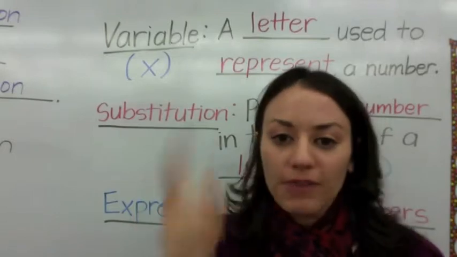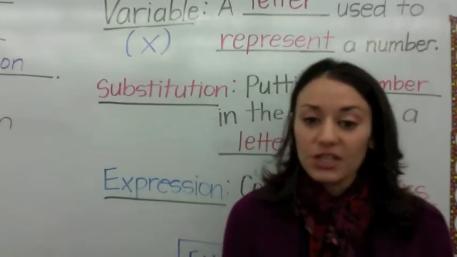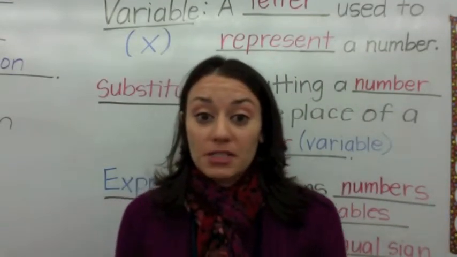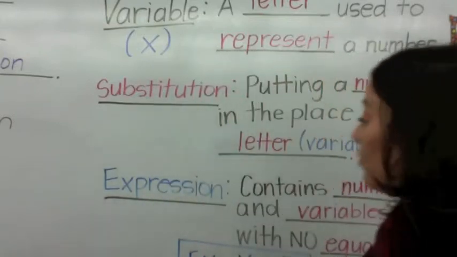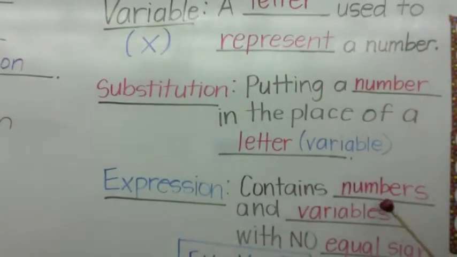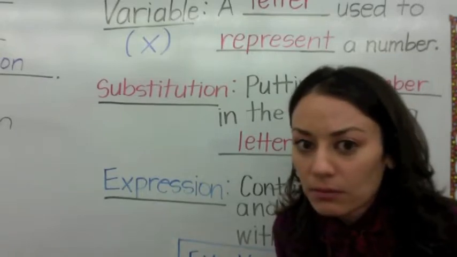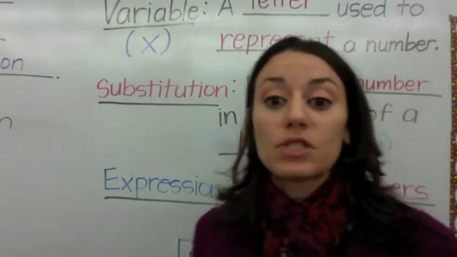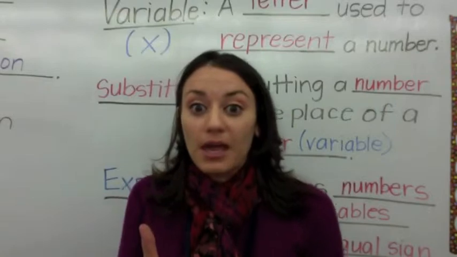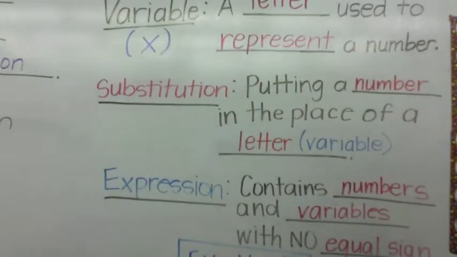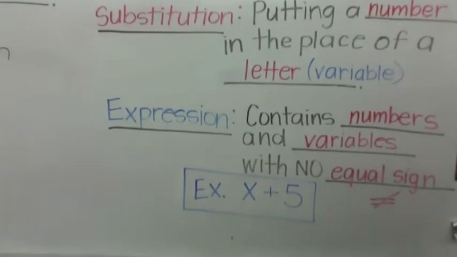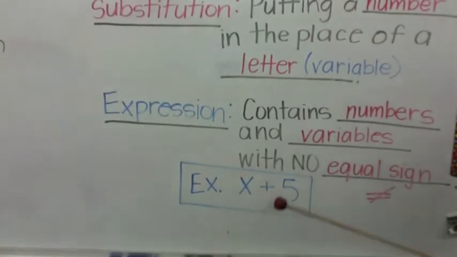So yesterday you saw a bunch of expressions. And an expression, read it with me, contains numbers and variables or letters with no equal sign. There is no equal sign in an expression. An example from yesterday is x plus 5.